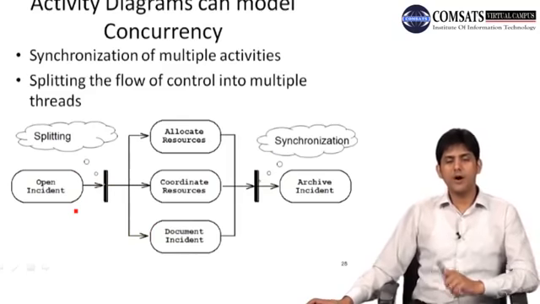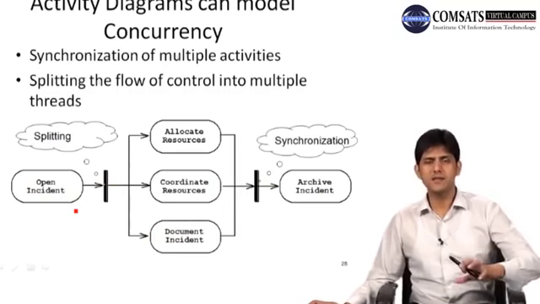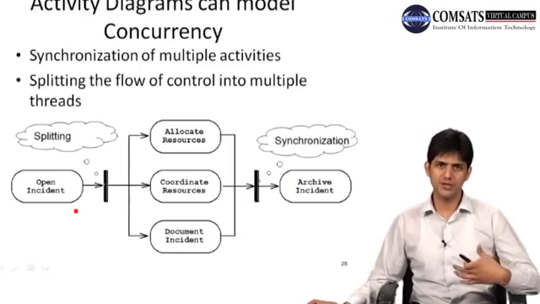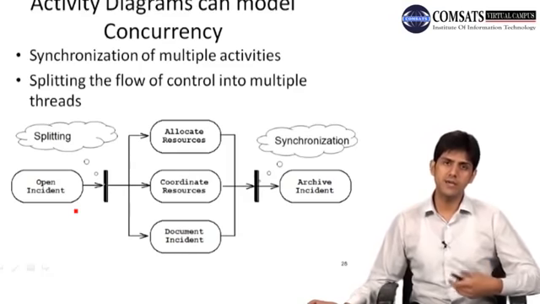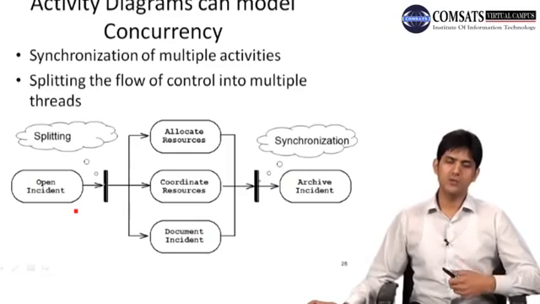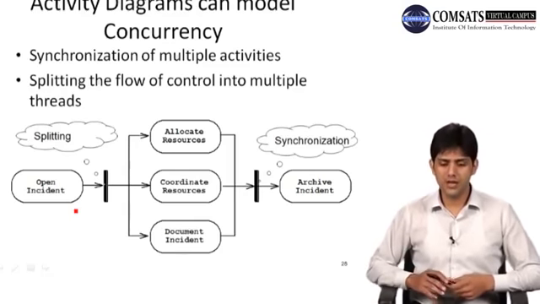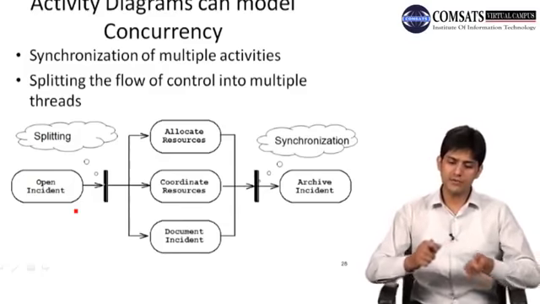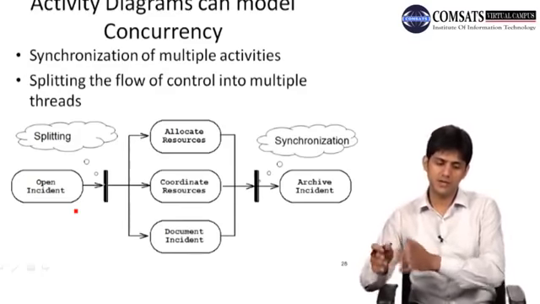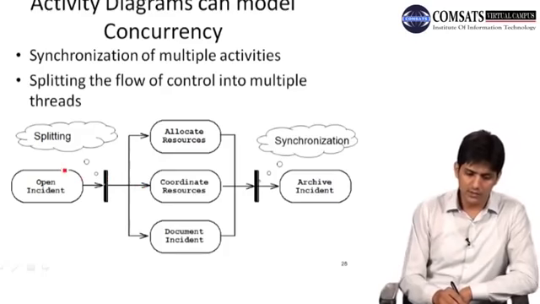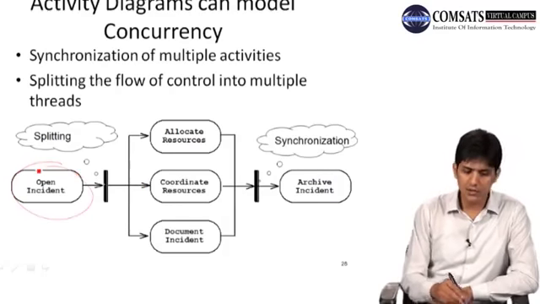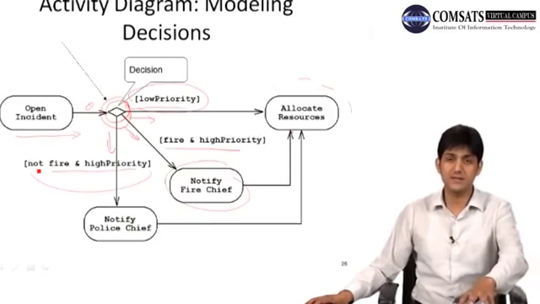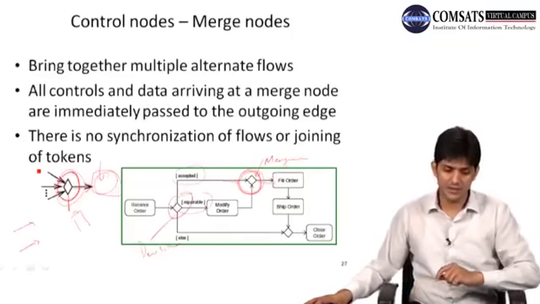Okay. Now this was one of the key things that we discussed that differentiates activity diagrams from normal flowcharts, that we can represent parallel behavior using activity diagrams. So we can use activity diagrams to synchronize multiple activities. We can also use them to split the flow of control into multiple threads. For example, we have an open incident here, the same activity diagram that we saw earlier.